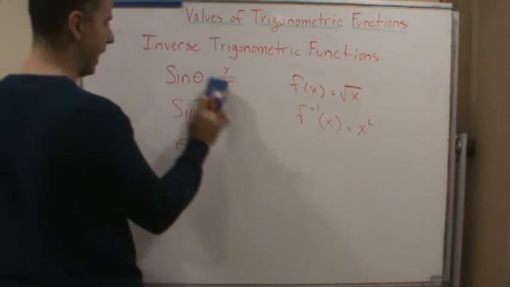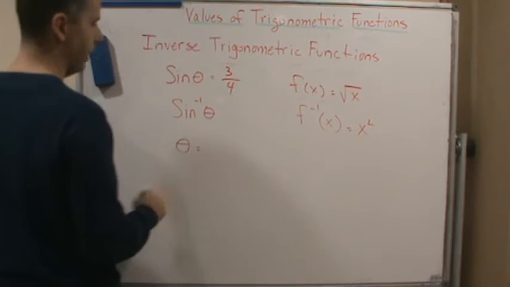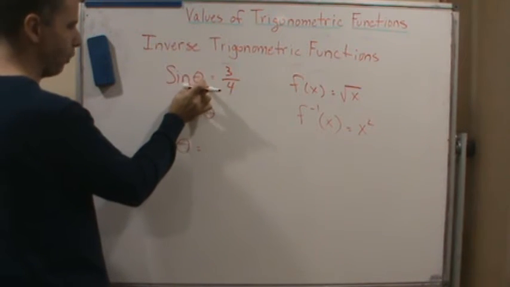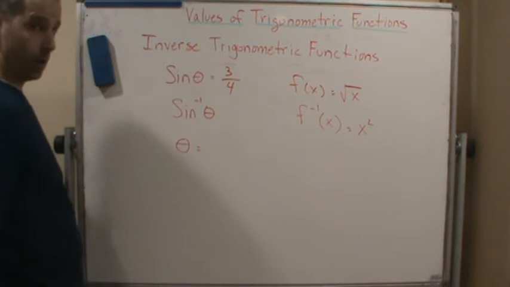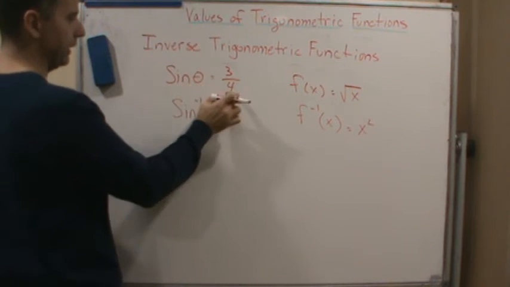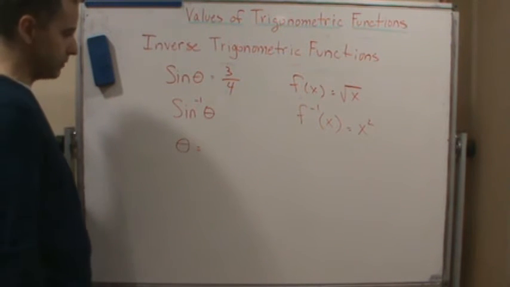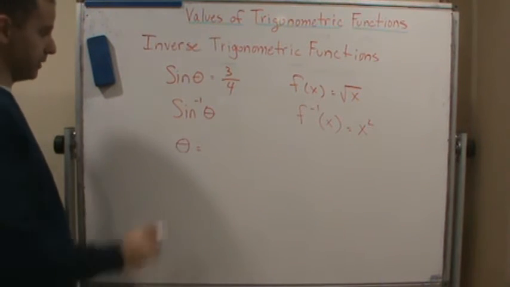And let's say I'm given the ratio of 3/4, and I want to find, okay, what angle has a sine equal to 3/4? So the sine of what angle equals 3/4? How do I answer that question? Well, the inverse sine operation is what's going to help us.